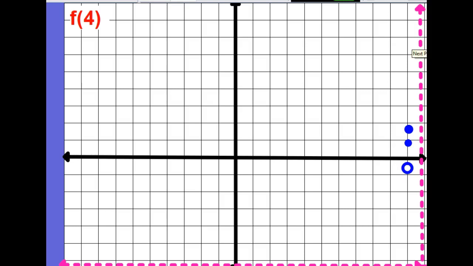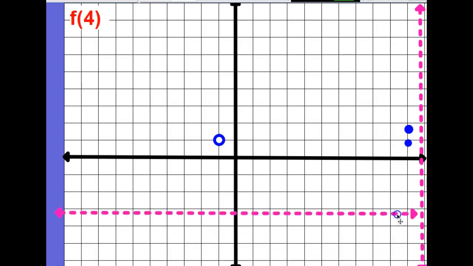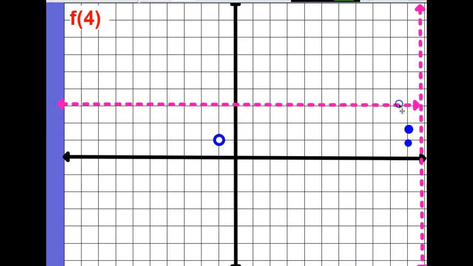Example number 2. For example number 2, the first thing I see in the chart is I have a hole. I have a hole at -1, 1. A hole is indicated by an open circle. I have a vertical asymptote at x equals 3.